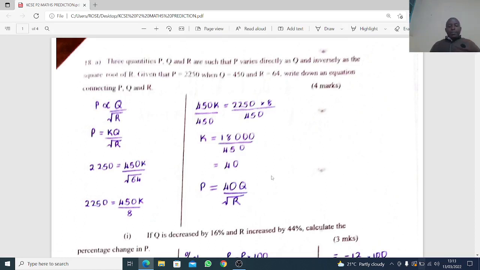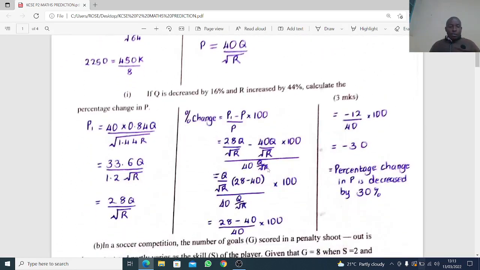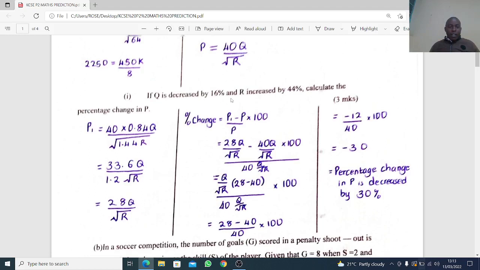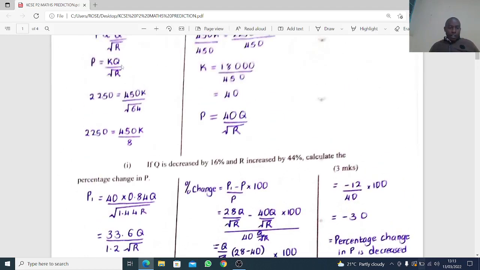Then after getting the equation connecting, part 2 is that if Q is decreased by 16 and R increased by 44, calculate the percentage change in P. Q is decreased by 16. So you go to the equation here. We have been told that Q is decreased by 16.